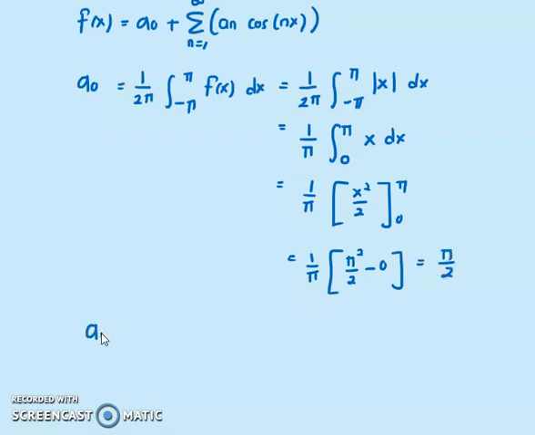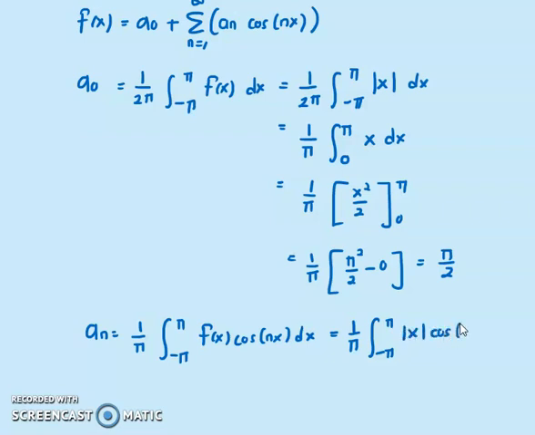Now a_n, on the other hand, is given by 1 over pi, integral from minus pi to pi, f(x) cos nx dx. We don't have time to solve this, but if I put in the function, we have 1 over pi, integral from minus pi to pi, modulus x cos nx dx.